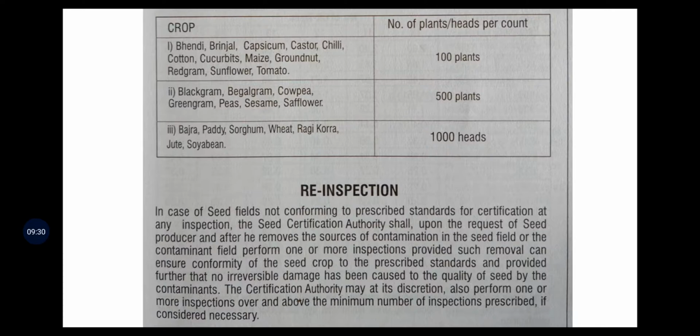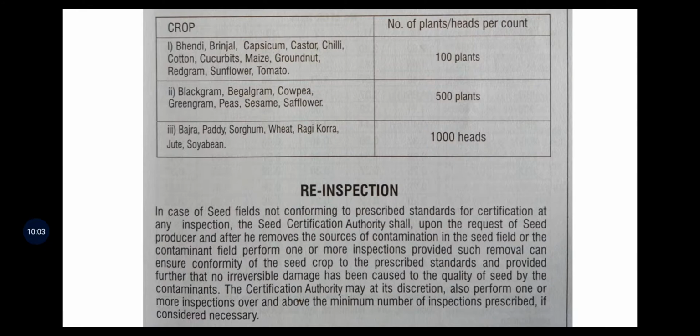For black gram, bengal gram, cowpea, green gram, peas, sesamum, and safflower, 500 plants are required, because the plant size is also very small, and here the differentiation is quite difficult. So 500 plants should be taken in order to avoid confusion. In case of bajra, paddy, sorghum, wheat, ragi, jute, soybean, these require 1000 heads.